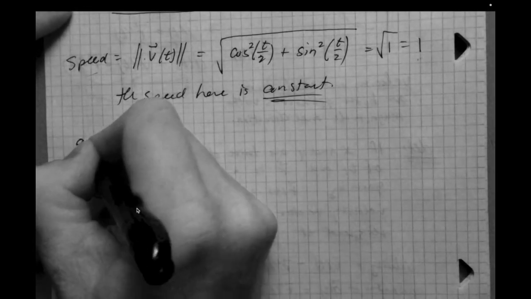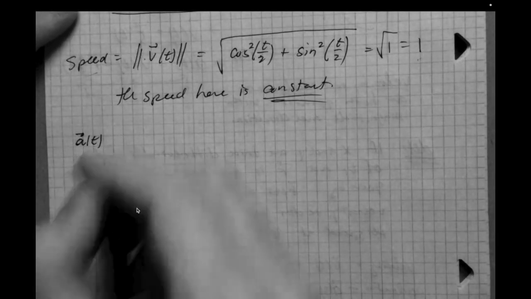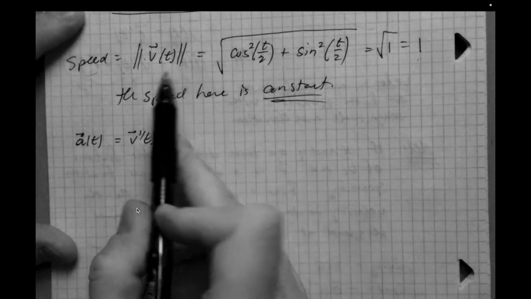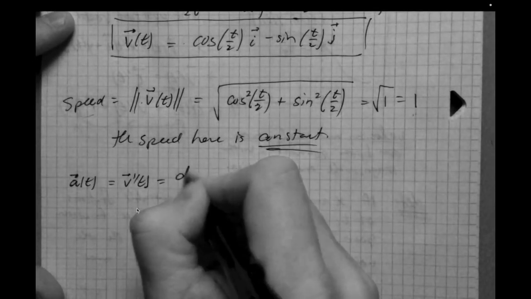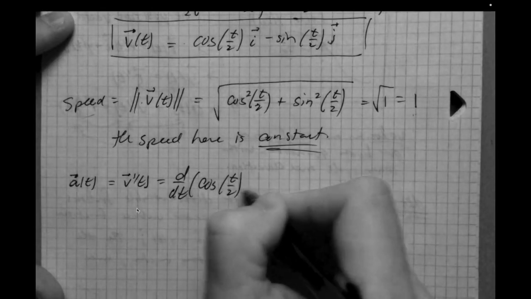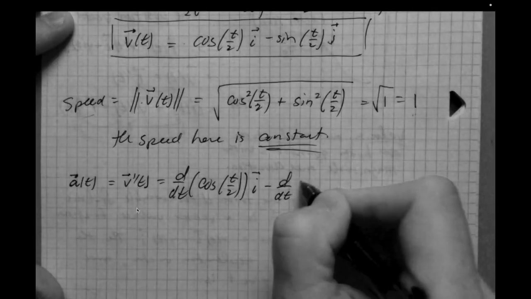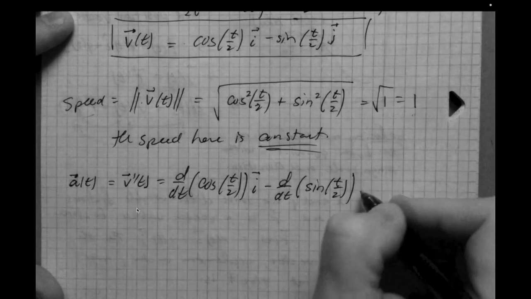All right, so the acceleration, well, that's the second derivative of position, also known as the first derivative of velocity. So we just have to differentiate this right here. So that is d/dt of cos t over 2 times i minus d/dt of sine of t over 2 times j.